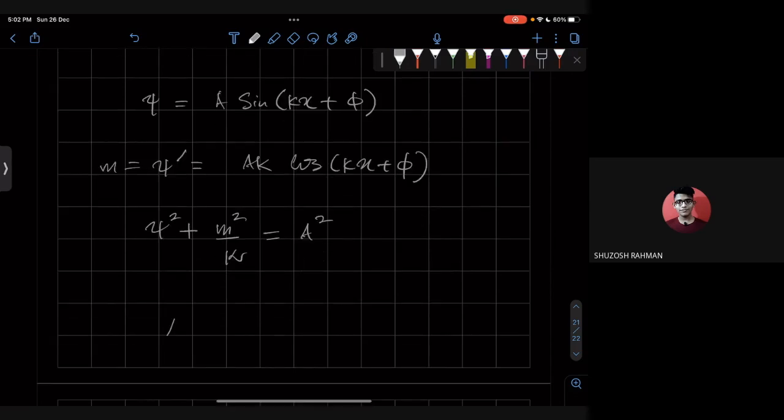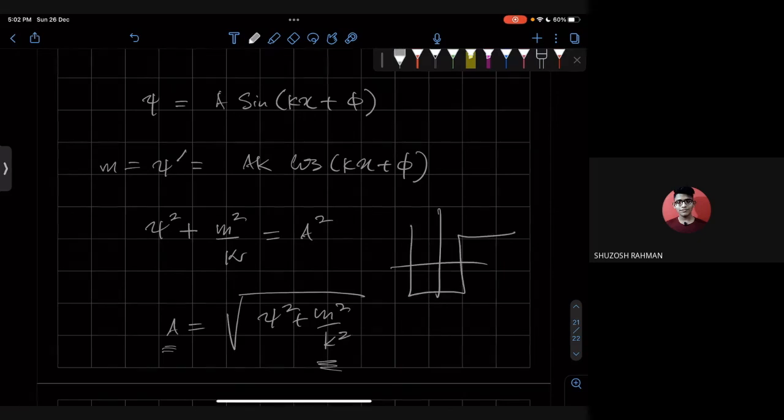So A is essentially going to be the square root of psi squared plus m squared by k squared. So that means that where k, the kinetic energy, is large, the amplitude is small. If the potential is like this, and this is your total energy, the difference between the total energy and your potential energy is the kinetic energy, right? So in this region, kinetic energy is very large, so the amplitude there is small. And here, the kinetic energy is small, and therefore the amplitude is large.